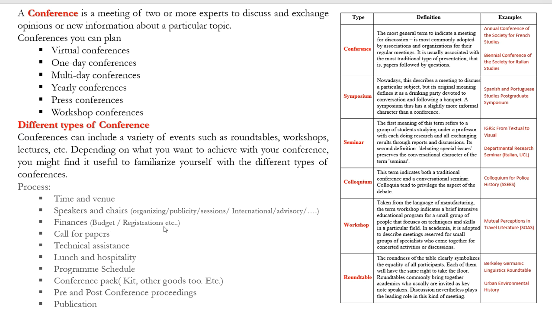Registration from authors, budget either from funding sources or non-funding sources, and a call for papers from authors, either academic, industrial or scientific authors, whatever it may be. Those are called authors. Next, technical assistance to provide technical support, either in online or offline mode.